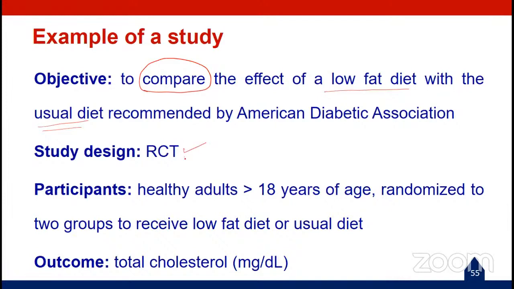Study design RCT, and look at our outcome, total cholesterol, which is a continuous or quantitative variable. Okay, so basically we would be comparing the average total cholesterol of individuals who are taking low fat diet with average total cholesterol of individuals who are taking usual diet.